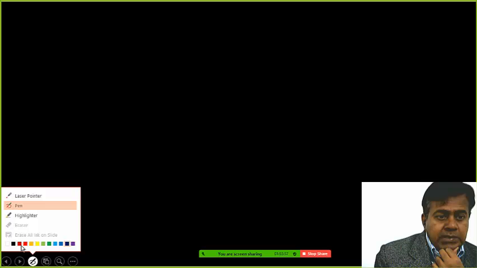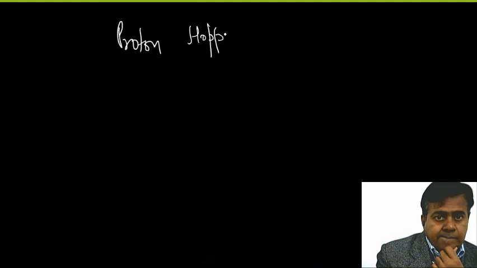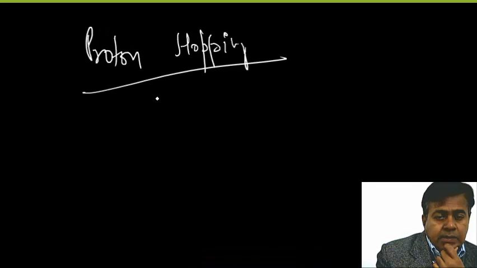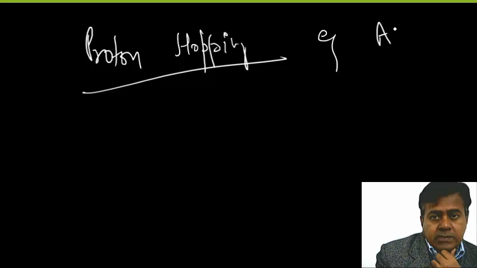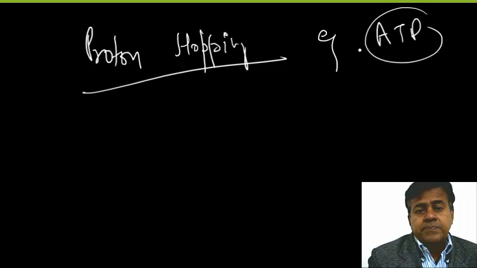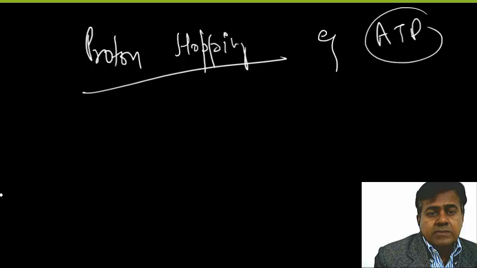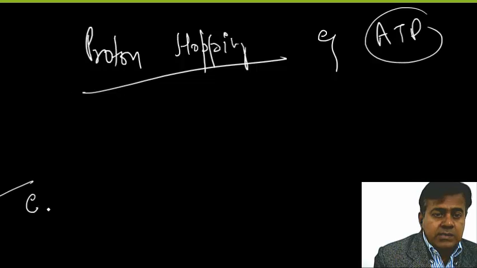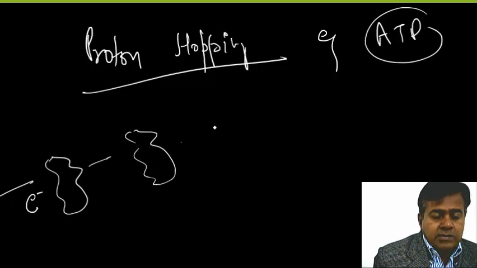What is proton hopping? One example I can cite is the formation of ATP. What is ATP? Now you can see there are electron acceptors. There are certain metals acting as cytochromes, right?